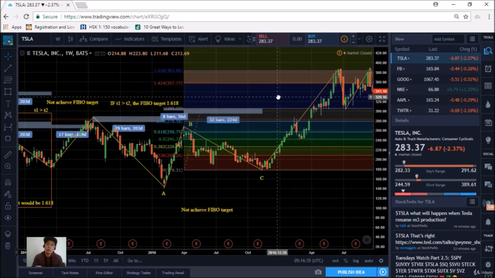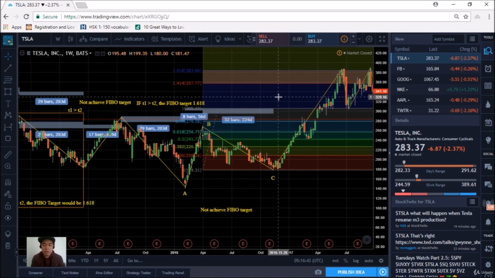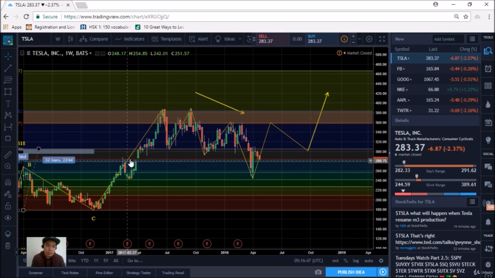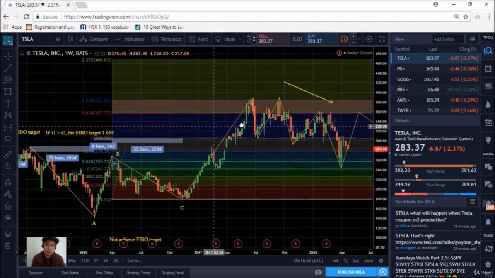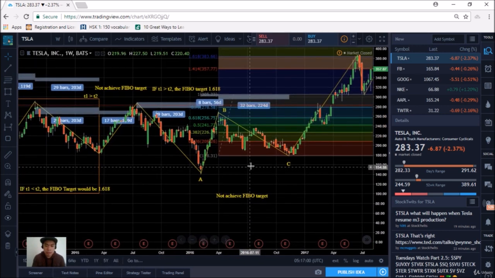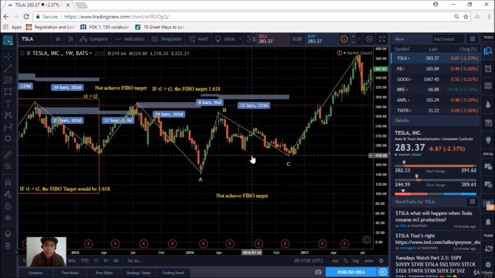Now this is the power of the Fibonacci target. This is a very powerful analysis, the accuracy of Fibonacci analysis. When it achieves its target, it retraces and it goes up again. Now I hope that from this section you learn a lot on how to determine the Fibonacci target.